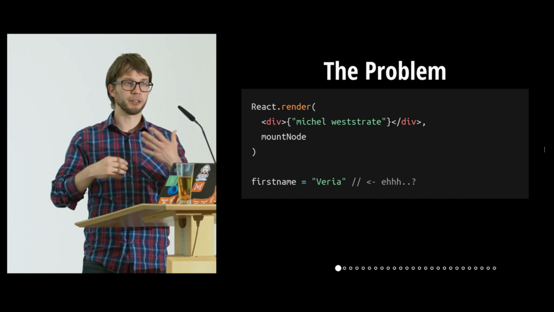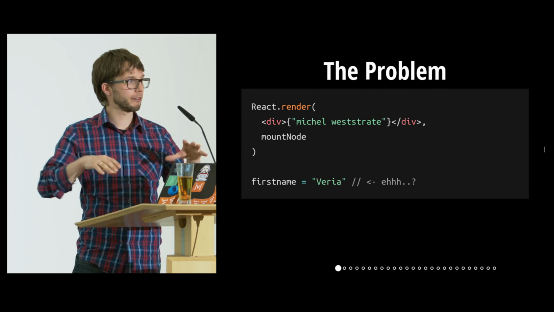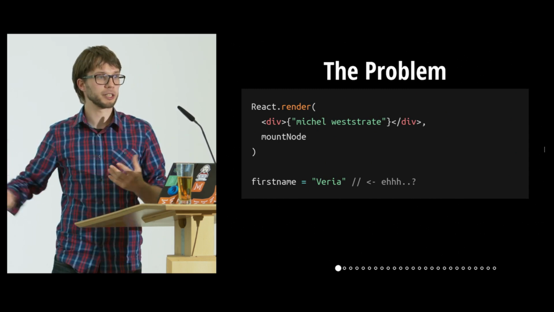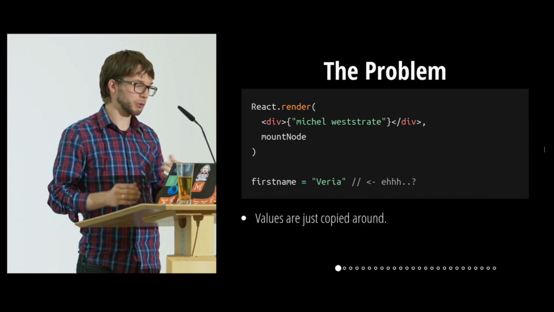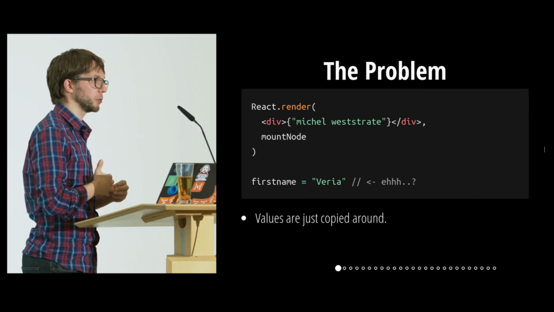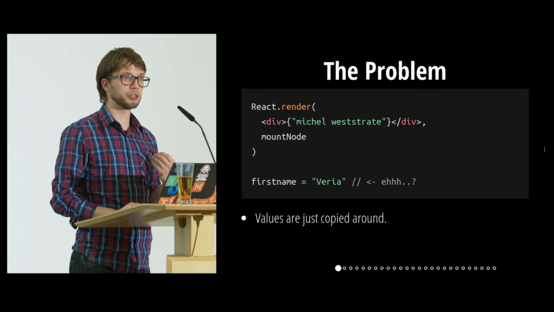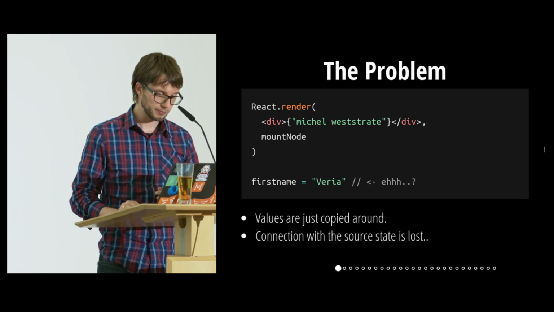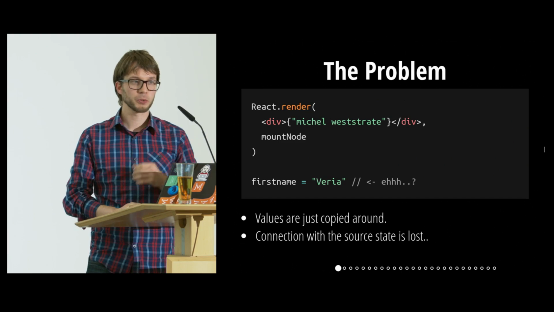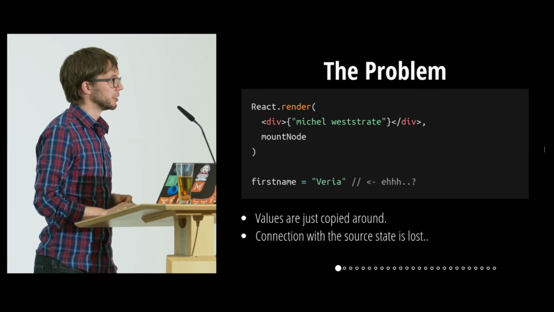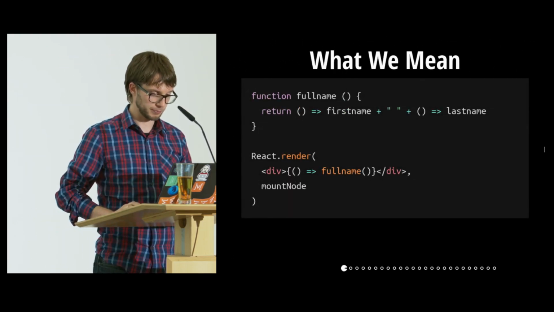So actually we mean something different. Actually we want to have our DOM connected to what is in our state. But what we did is when we call functions is that we just copy values around, but we lose the connection with the original source, the state.